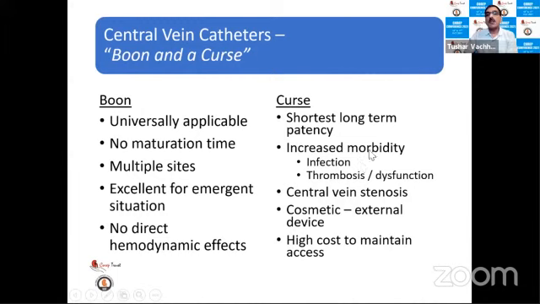There are patency problems, infection problems, and if the catheter is left in place for a longer period of time, there is central vein stenosis. And of course, when something plastic is sticking out of the body, patients certainly don't like it. From a patient perspective, it limits activities. Those who have access to a swimming pool or want to do physical activities certainly may have some limitations.